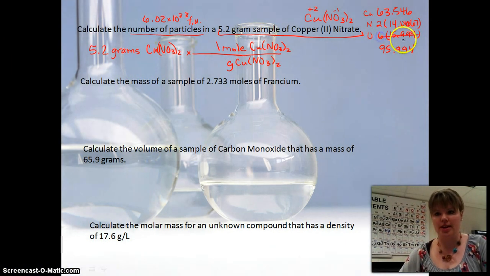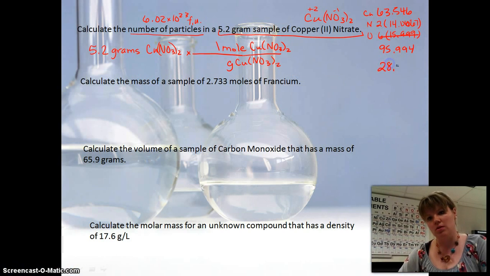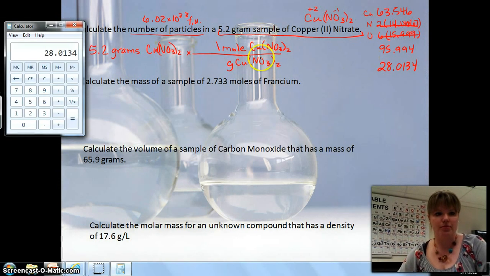So let's cross that out. And then 2 times 14.0067. That gives us 28.0134. Cross that one out. And I'll just add these three numbers together.